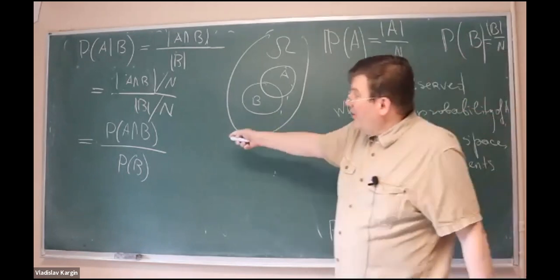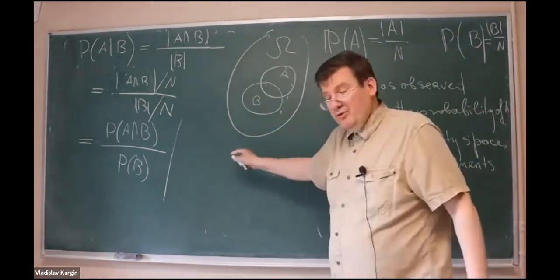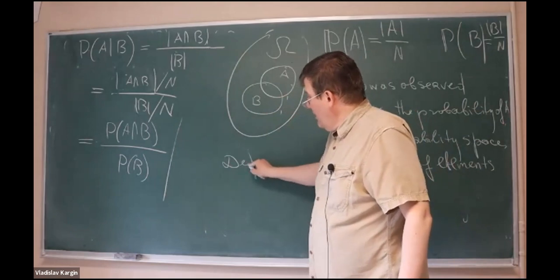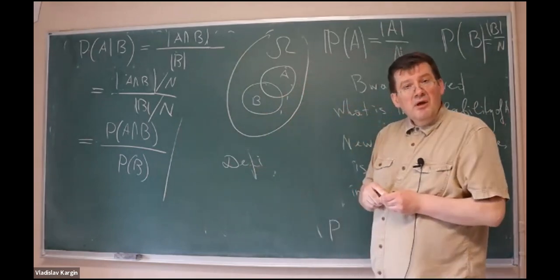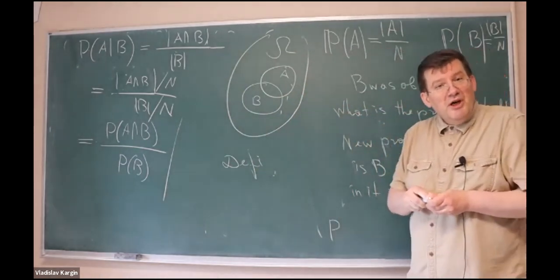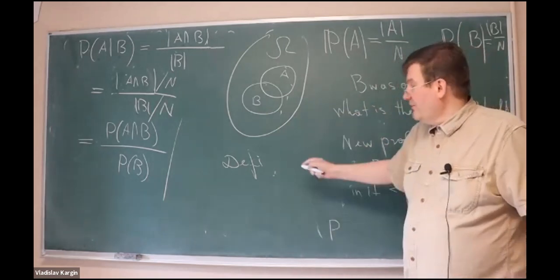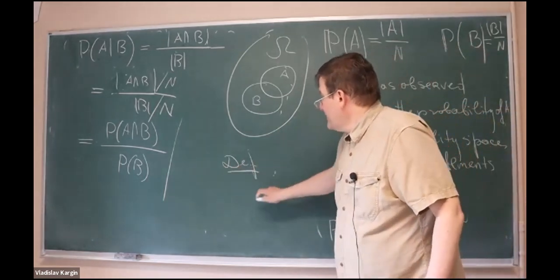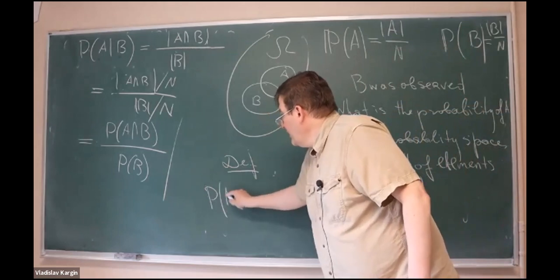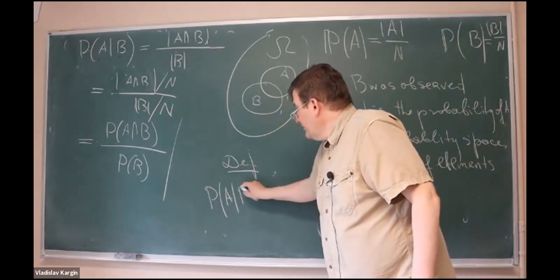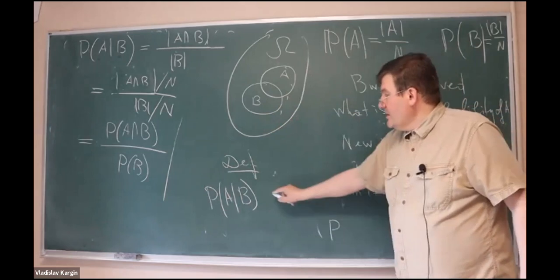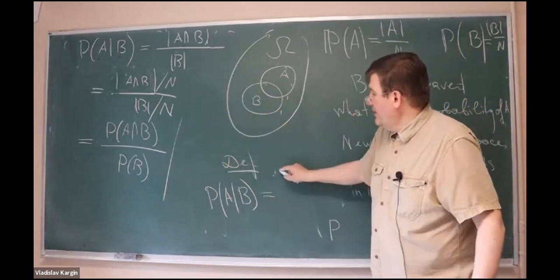And so from our point of view, this will be a definition, which will usually have a nice interpretation like that. So the definition will say that the probability of A given B is just equal to this thing.